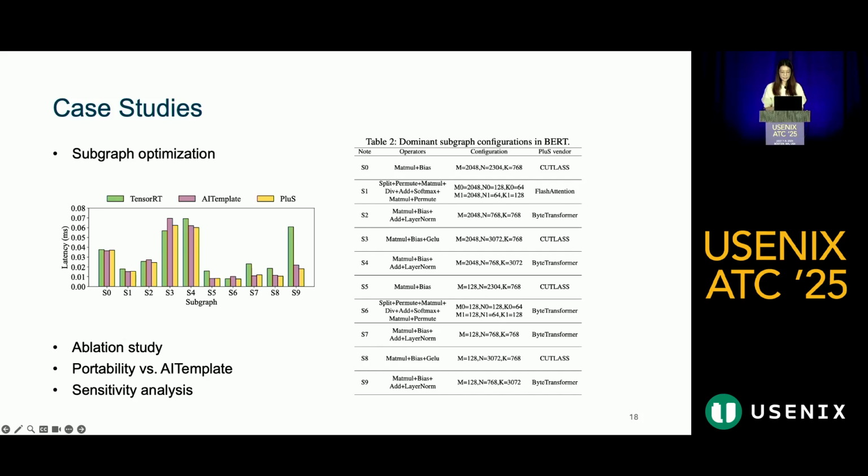Next, we present a few case studies to highlight the advantages of PluS. First, we show the subgraph inference latency to demonstrate how PluS can fully leverage efficient subgraph implementations. We also perform an ablation study to analyze why it's necessary to flexibly support a variety of subgraph patterns.